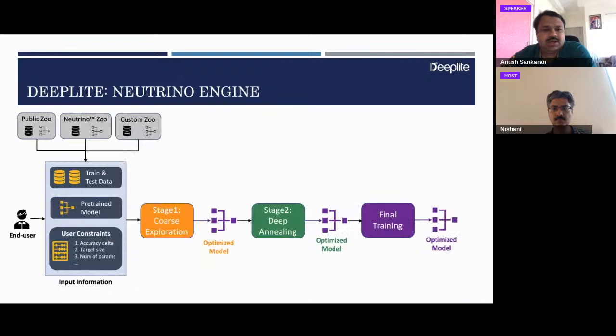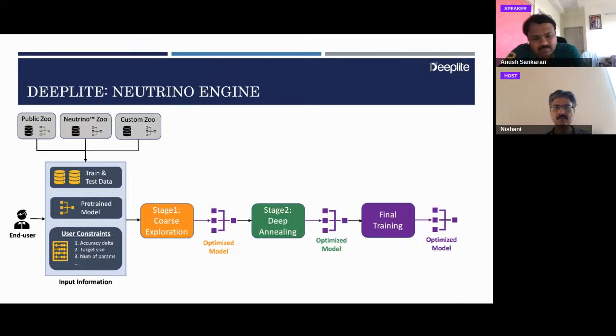Okay, the way that we do it is something like this. The input information that the end user provides is the original training and testing data, the pre-trained model that the user has trained, and also some user constraints.